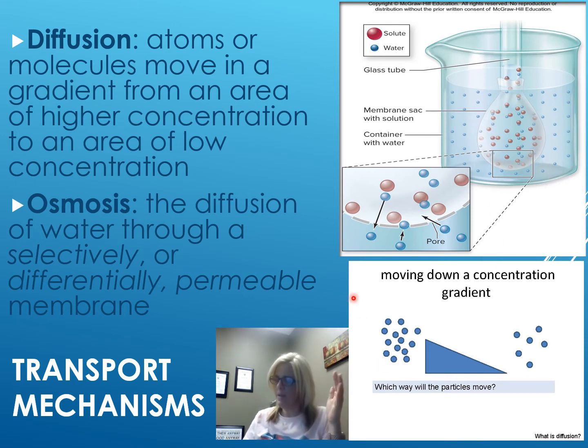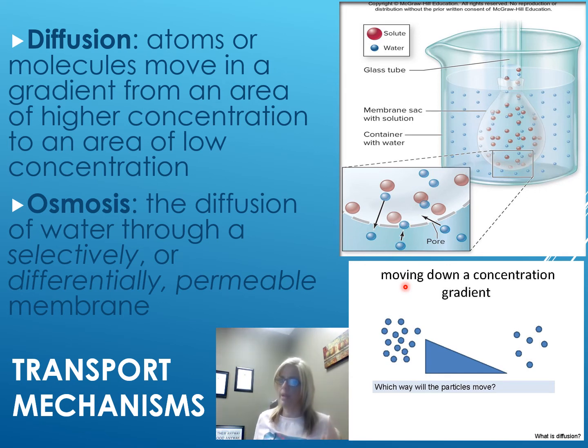And so we talk about a concentration gradient. All right. So we're talking about moving from a high concentration to a low concentration. So downhill, and that doesn't require any energy. Okay. So think about it this way. If you have a car and you're at the top of a hill, once you get it going, does it take any energy to keep it moving down the hill?